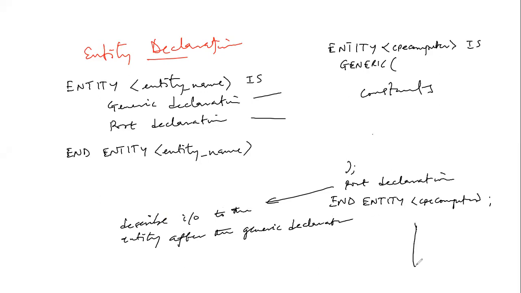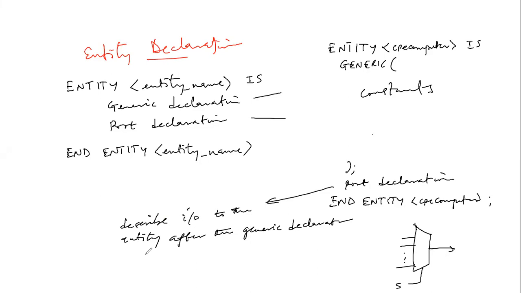So let's assume I want to design a multiplexer, okay? I know I'm going to have a number of inputs to this, then I'm going to have a single output, then I'm going to have a select port here, okay? So the port declaration will help us define all the input output to the entity, okay?